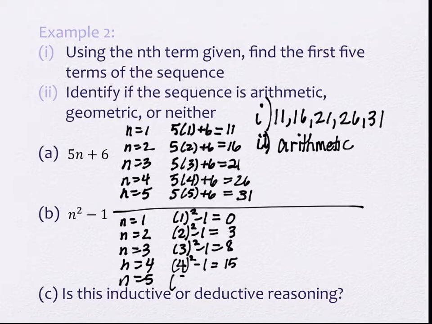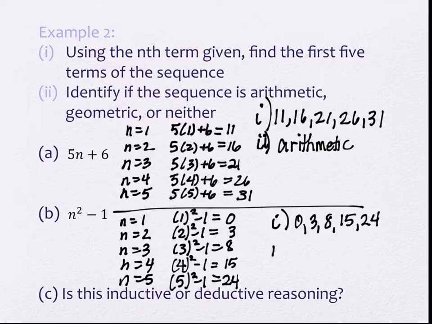Good. And 5 squared minus 1. So my pattern is 0, 3, 8, 15, 24. Is it arithmetic, geometric, or neither?